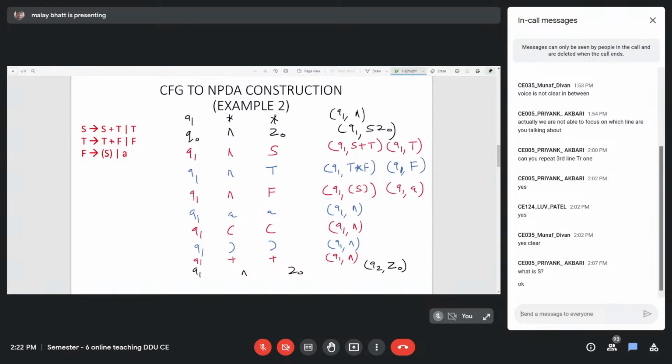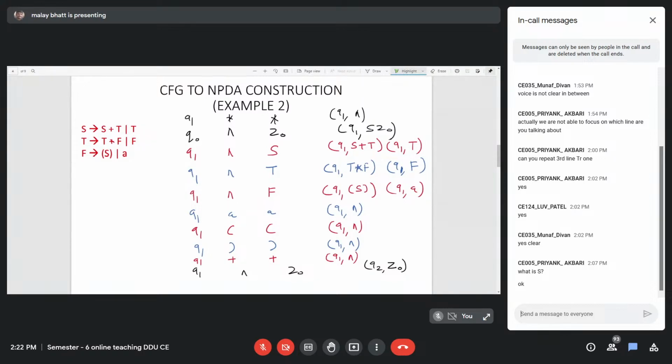We are pushing S on the stack. Similarly, we have to write the acceptance. So the last one is Q1 null Z0, which will give us Q2 Z0.